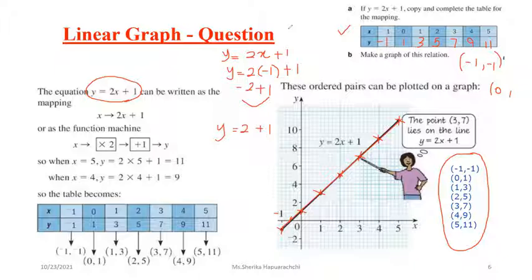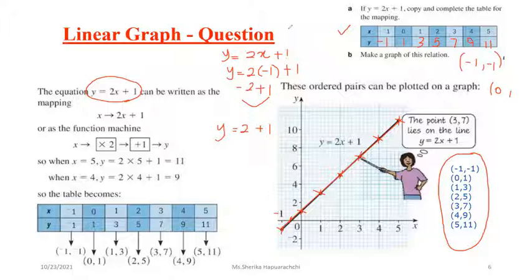Now from this lesson, this is the graph part 1. From this graph part 1, we have learned the linear graphs, and I explained how do we identify the linear graphs. In linear graphs, we use the format y equals mx plus c.